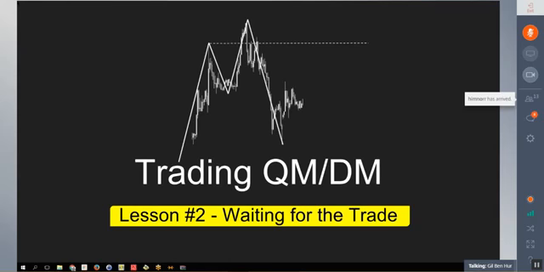It's a very basic price action tool that hints at a possible reversal or a possible good retracement that we can earn from. So let's talk about the Quasimodo.